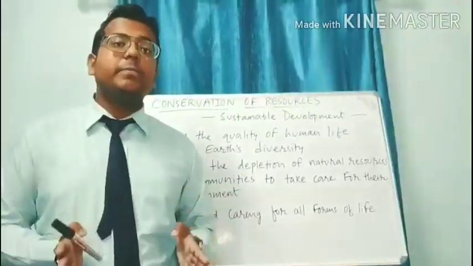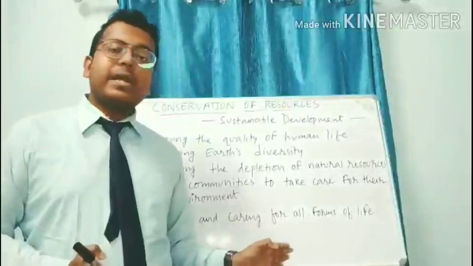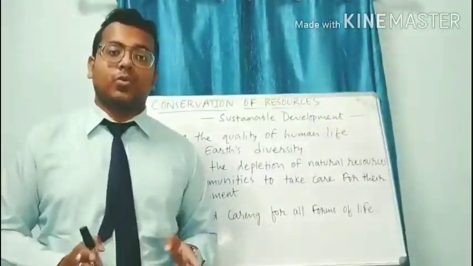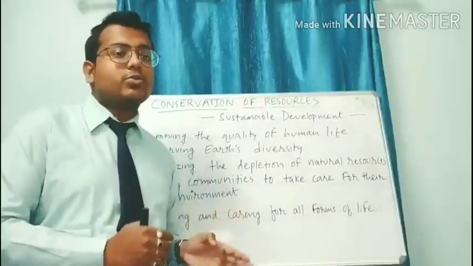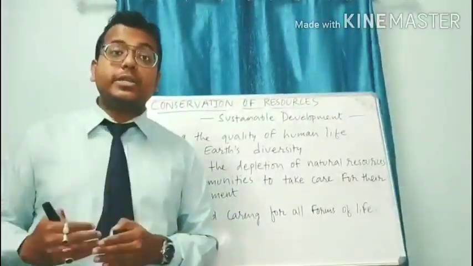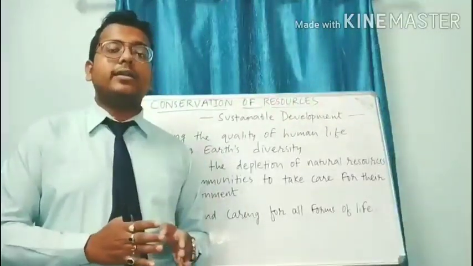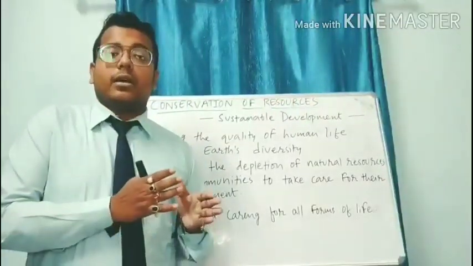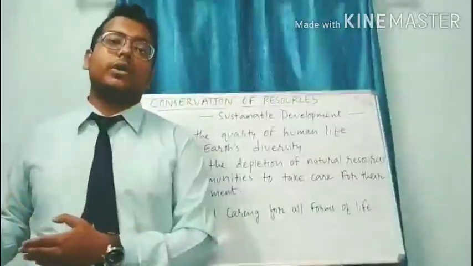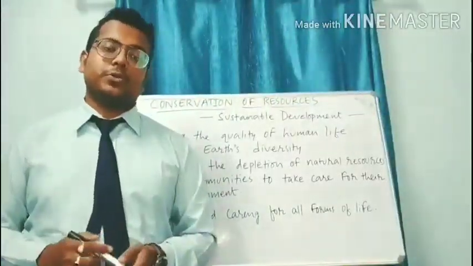So it's very important to respect and care for all the life forms that exist in this world. Understood? This way, if we conserve our resources and use them judiciously, then we can use them for our needs and for our future generations also. Understood?